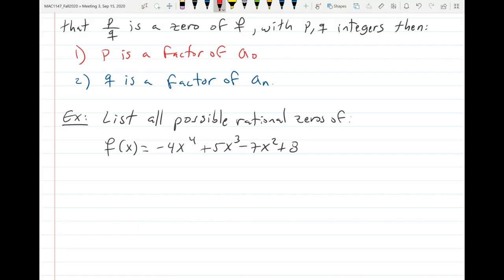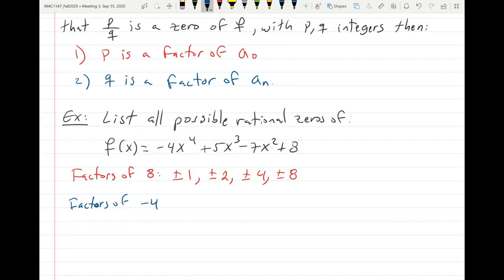So remember, we need to write down the factors of the constant term. So factors of 8. What are the factors of 8? Well, plus or minus 1. You have to look at the negative here. Plus or minus 2, plus or minus 4, and plus or minus 8. And then we need to also consider the factors of -4, which is the leading coefficient.